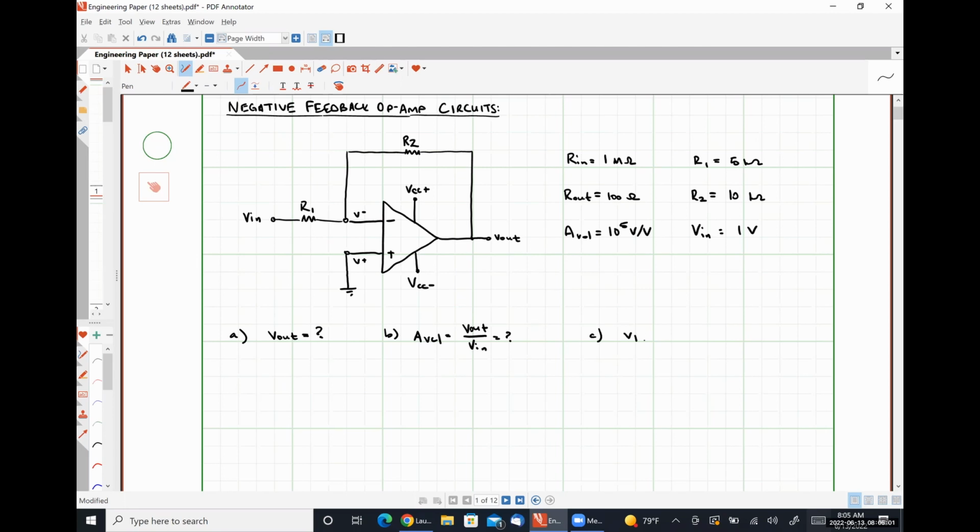Our differential voltage VD, which is the voltage present at the non-inverting input terminal minus the voltage present at the inverting input terminal.